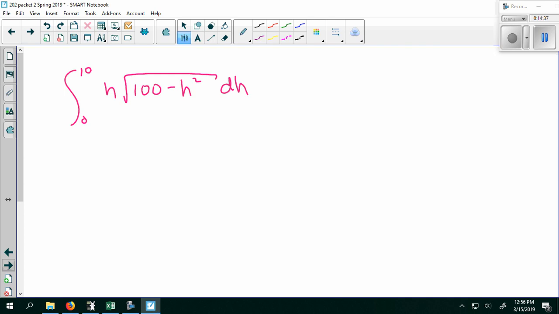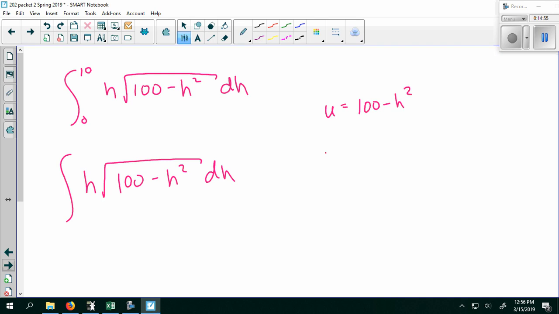Okay, so I'm going to work on the antiderivative. And once I have the antiderivative, I can plug in the bounds. So I'm going to let u be 100 minus h squared. So du dh is negative 2h. So dh is du over negative 2h.